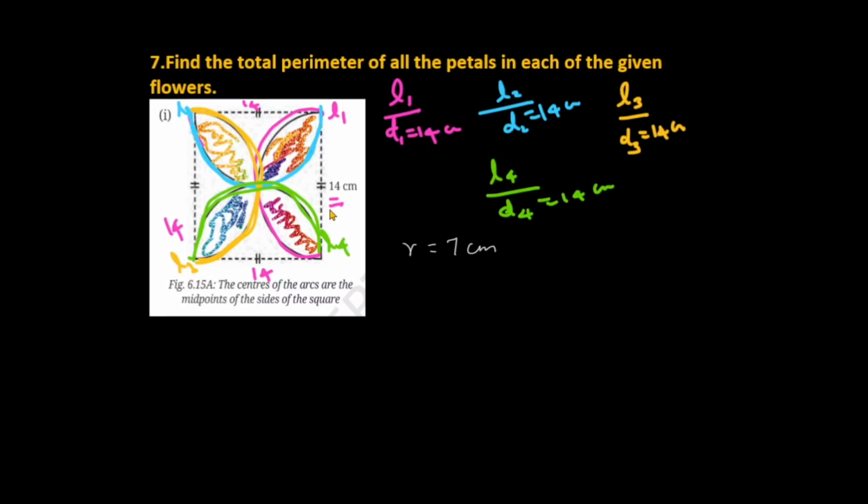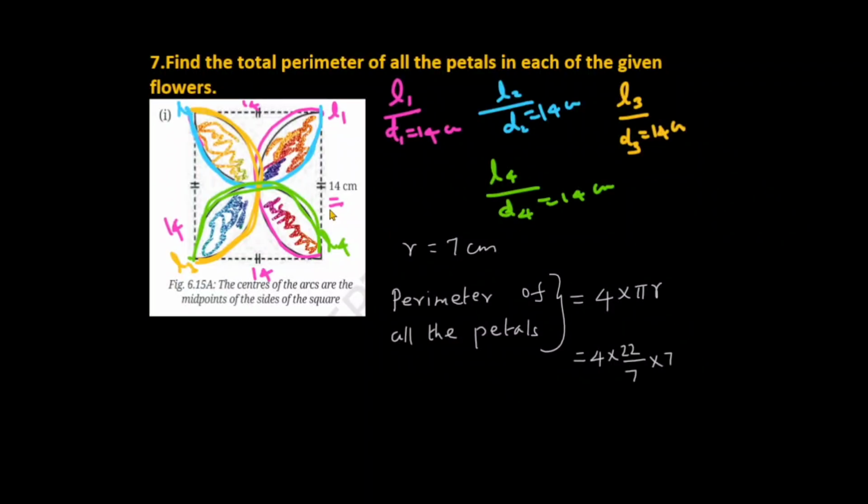So the perimeter of all the petals is four times the arc length, that is pi r1 plus pi r2 plus pi r3 plus pi r4. Since all the r's are 7, we can write 4 pi r, 4 into 22 by 7 into 7 centimeter. 7 cancels. So the perimeter of the petals is 88 centimeter.